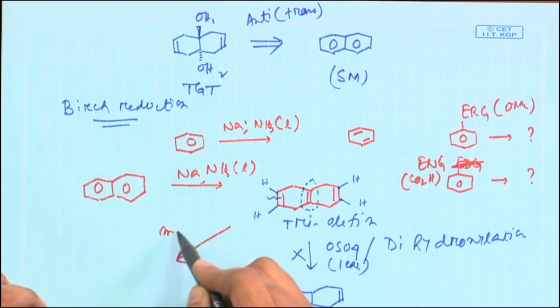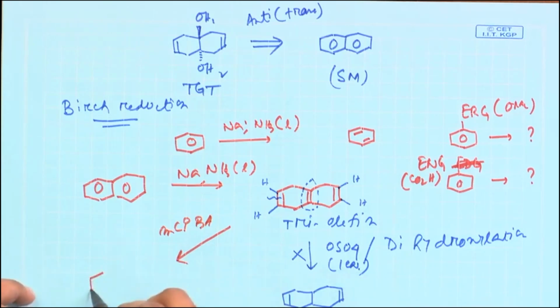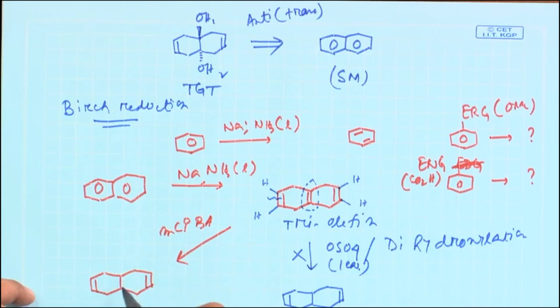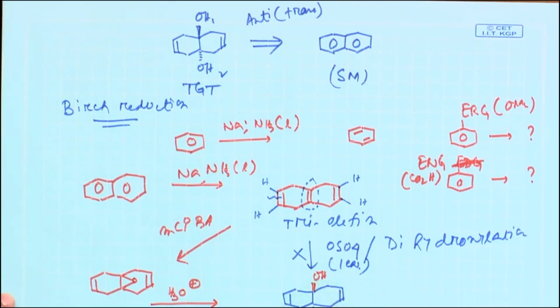What you do is treat with MCPBA, metachloroperbenzoic acid, for the corresponding epoxidation. As this is a more electron rich olefin, the electron deficient oxygen species will attack the electron rich species. Once you get the epoxide, opening will always give you the anti-diol by standard SN2 conditions.